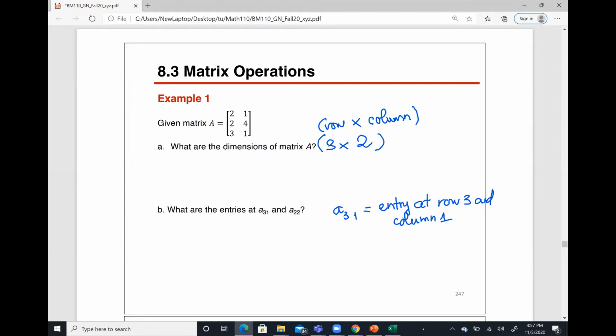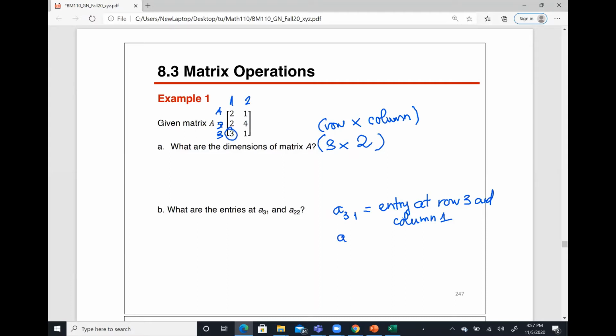So row 3. So I have 1, 2, 3. Row 3, column 1. So that should be this guy, number 3.